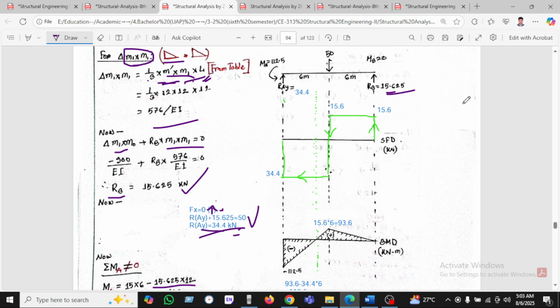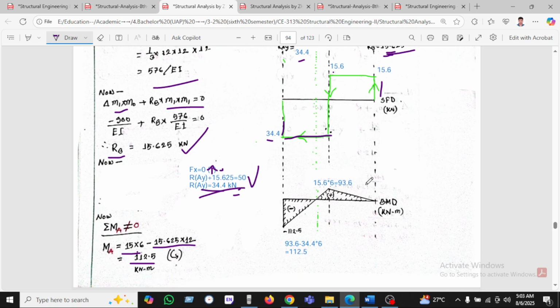So after getting this value and this value, now we can calculate here. This is 15.5, going upward, and there is no load, and 15 is going forward. Then we will find 34.4, there is no load, and 34.4 is upward, so it will be 0. Then we draw the bending moment. How will we draw the bending moment?